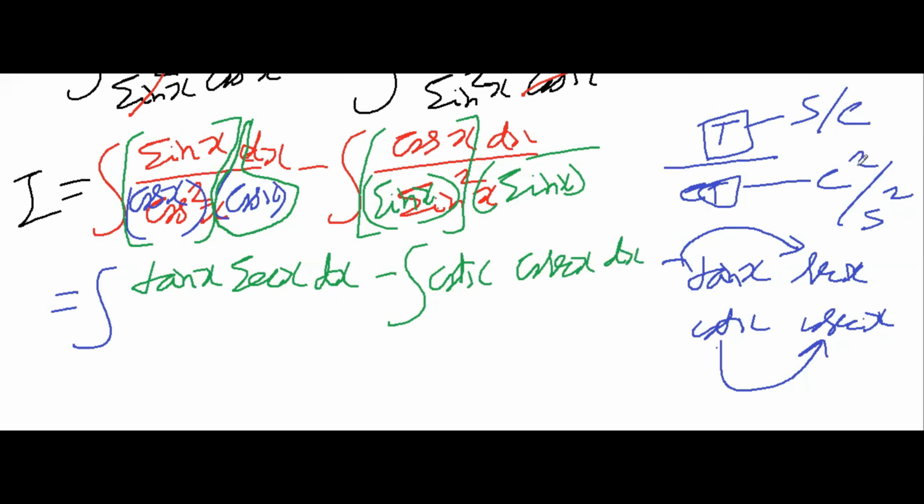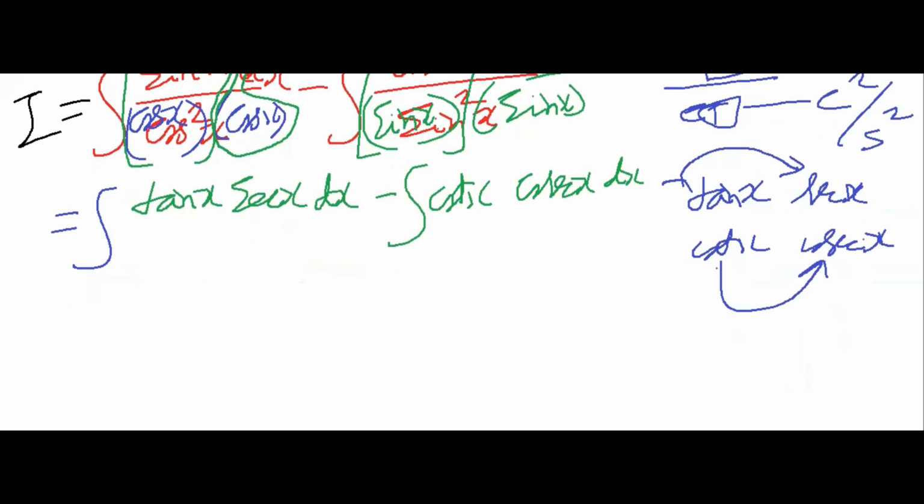Now you know the formula. You know the formula of the derivative of sec x. Tell me, what is the derivative of sec x? It is sec x tan x. Correct? And what is the derivative of cosec x? It is minus cosec x cot x. So the inverse will be the integration.